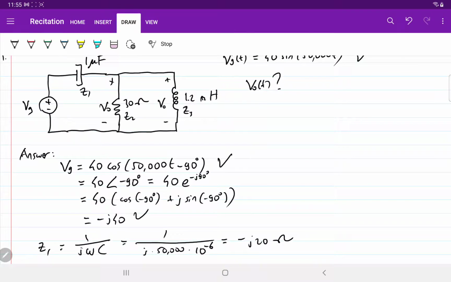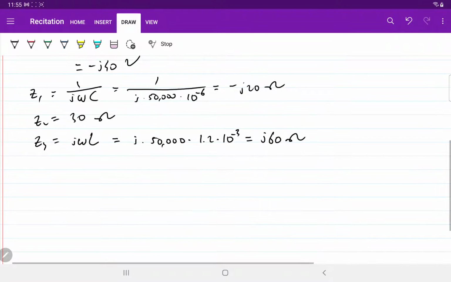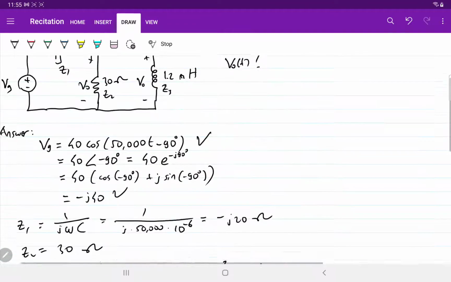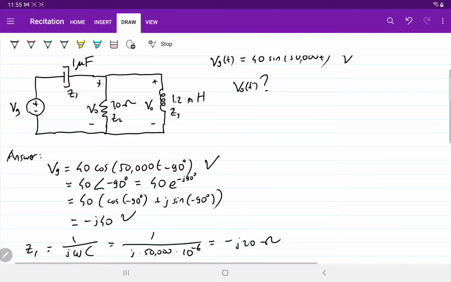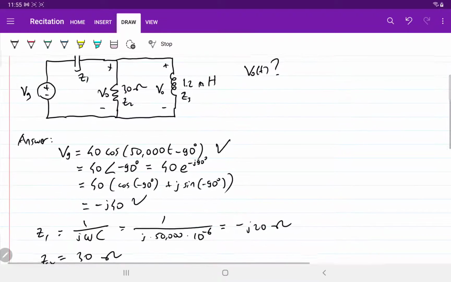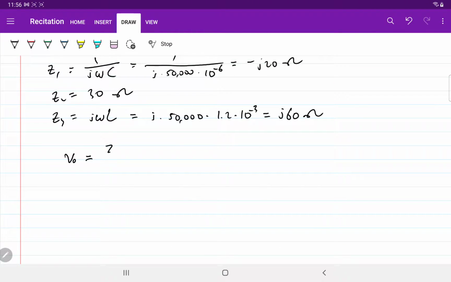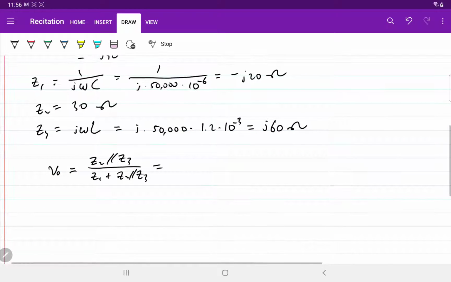So we can use voltage division. So V0 is nothing but, let's do the analysis in the frequency domain. So Z2 parallel Z3, and the total impedance is Z1 plus Z2 parallel Z3, right?